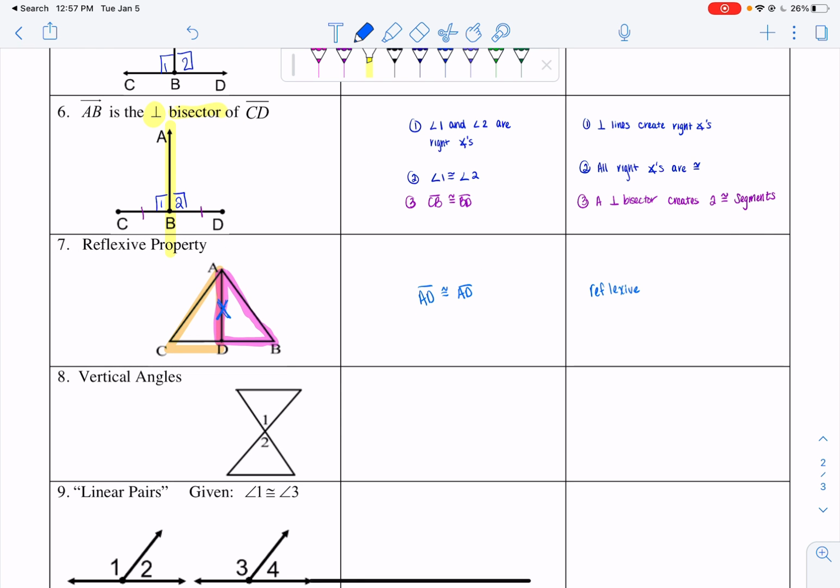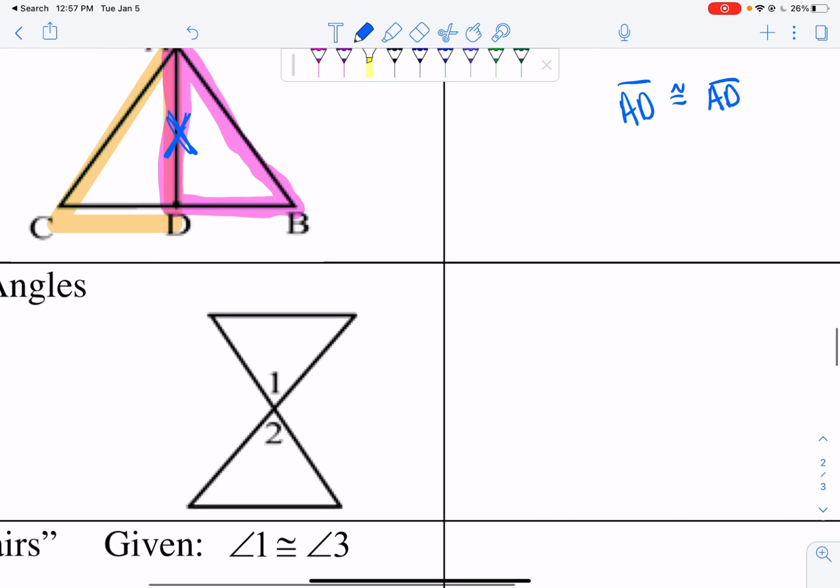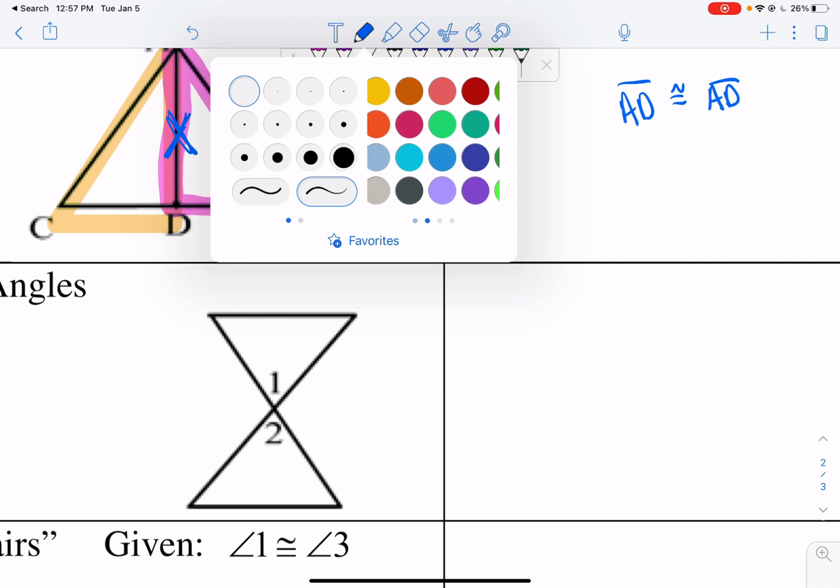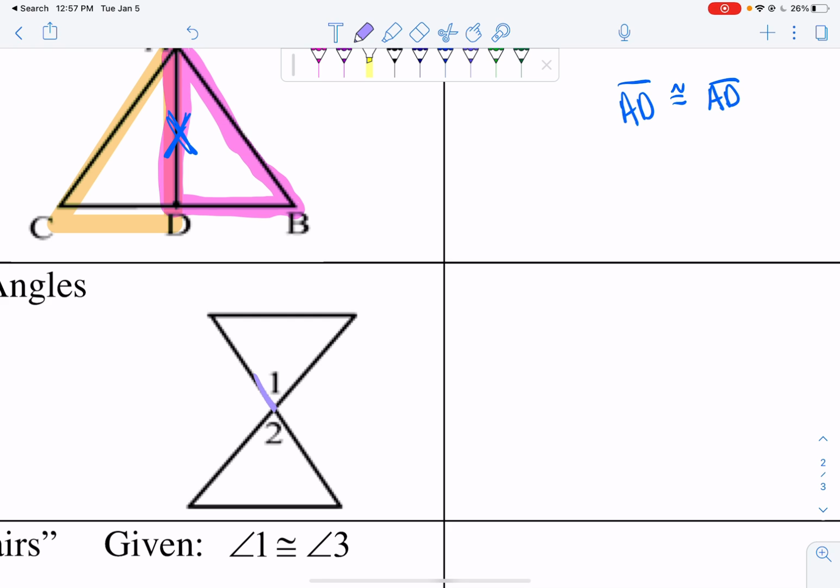Vertical angles. If you look right here, they're angles that are opposite of each other, and they always make this V pattern. So if you look right here, my angle 1 makes a V, and angle 2 sort of makes an A. See right here how it makes that A?